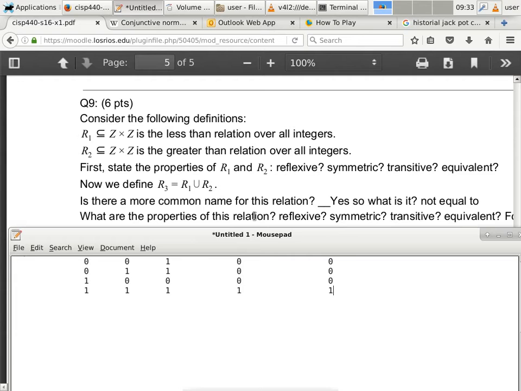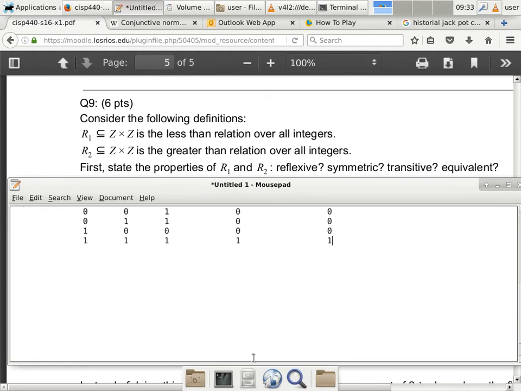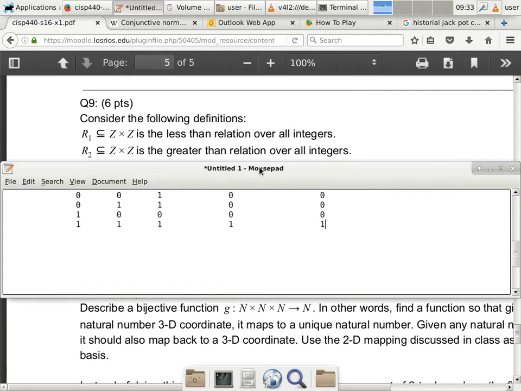So when you look at this, the first thing we want to do is to say, what exactly is a relation and how do we apply that here? So let's go ahead and do that. R1 can be defined as a set, and it's a set of two tuples because it's a relation. We have to pick the first number from integers.